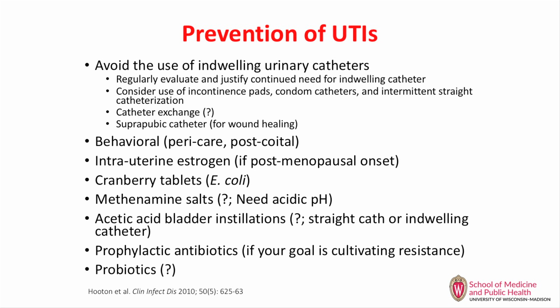You can get a lot of good bladder management with just good peri-care, straight cath, and behavioral prompting. It does require a lot of investment in nursing resources to do this well, but it's a good way to avoid the catheter.